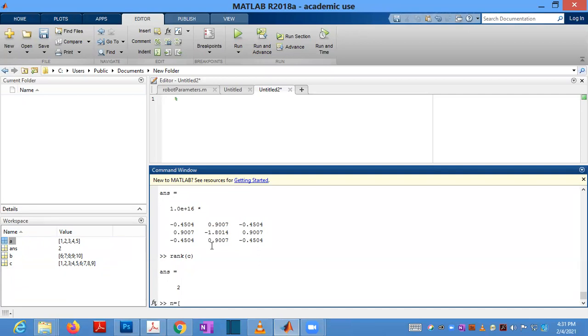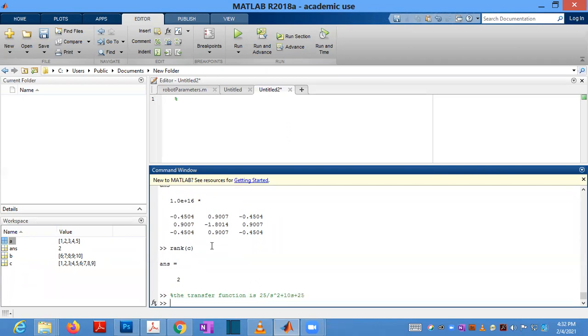I am considering the transfer function 25 divided by s square plus 10s plus 25. The transfer function is 25 divided by s square plus 10s plus 25.